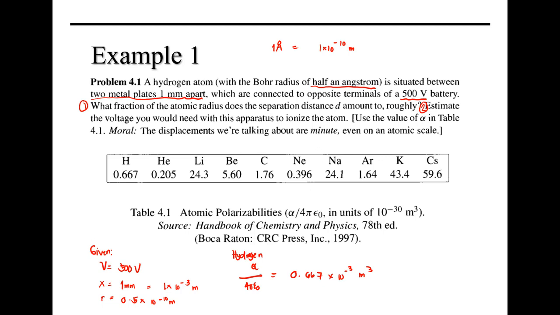We have two metal plates connected to a 500 volts battery, so that is the source of our electric field. We can get the magnitude of the electric field by using this equation, V over X. So we have the voltage 500 volts divided by X, which is 1 times 10 to the minus 3 meter.